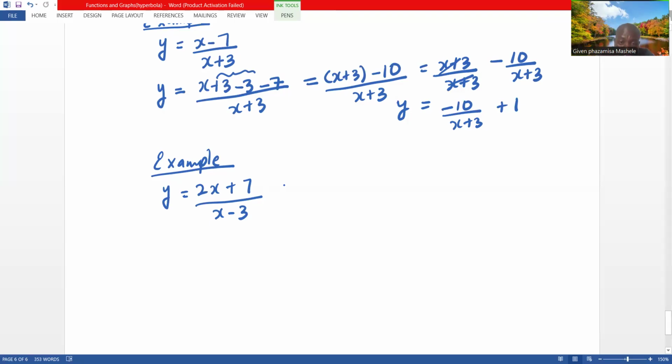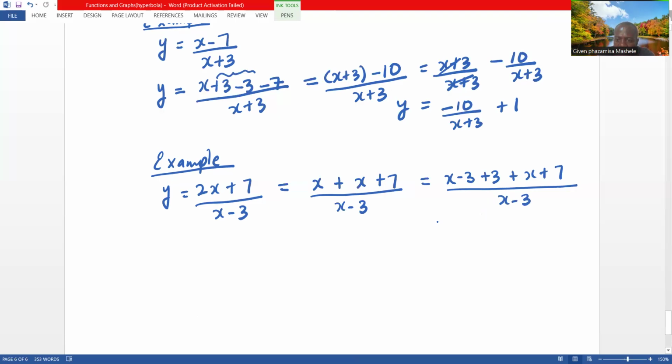If we wanted to use this approach, this would be x plus 7 divided by x minus 3. Then we'll have to say this is x minus 3 plus 3, then plus x plus 7 divided by x minus 3.